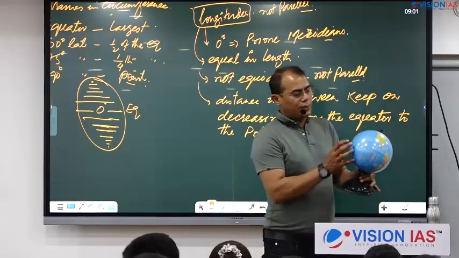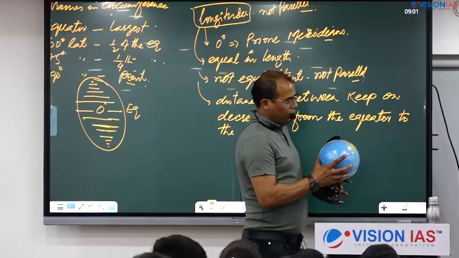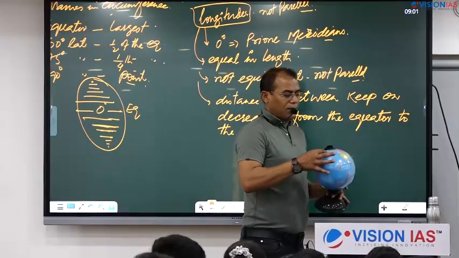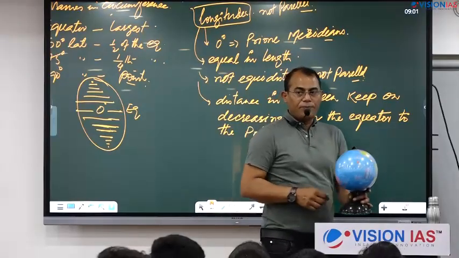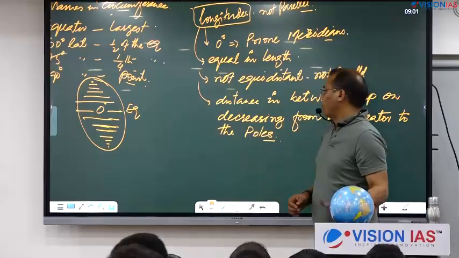Hope we are getting it. If you look at the equator and the two longitudes, they will converge and come close. So the distance will keep on decreasing. That is what you will read in the books.